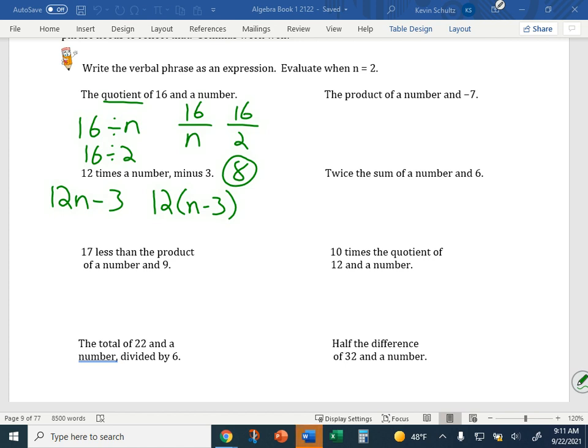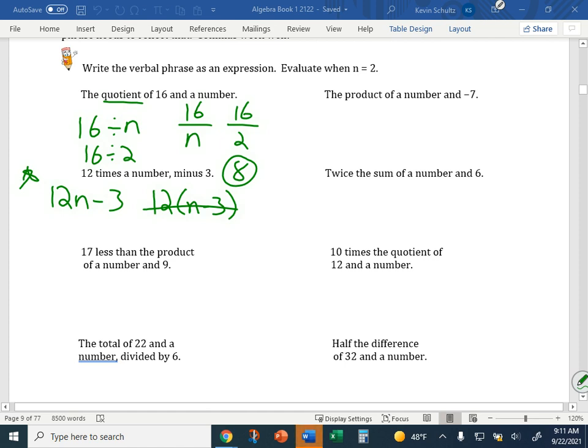So looking at the placement of that comma, which one is it? 12 times a number, comma, minus 3. Joey? The first one or the second one? The first one. Yep. Okay. What that comma does is it kind of separates that 12 and a number.